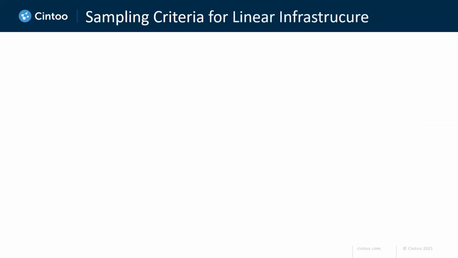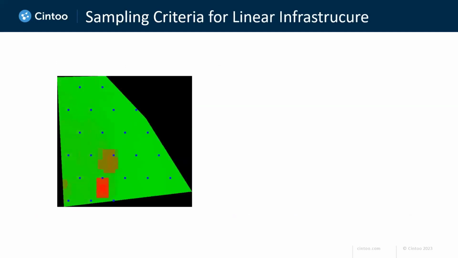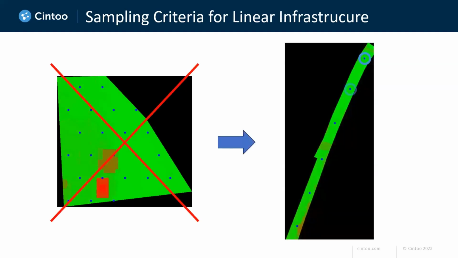Now, if you have to deal with linear infrastructure like highways, railways, and things like that, if we do apply the same sampling technique, this will not work because we may miss the information. So what we do here, we use other techniques like dart throwing or some other technology like that to make sure that the virtual vantage points we do create will cover the entire space regularly with the best possible resolution.